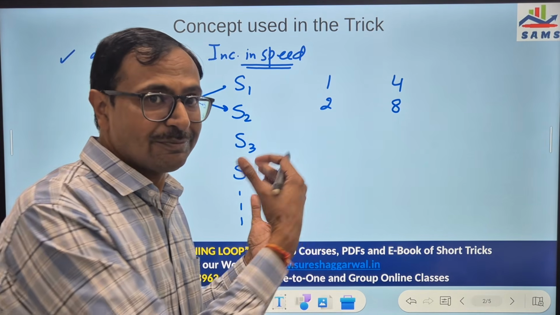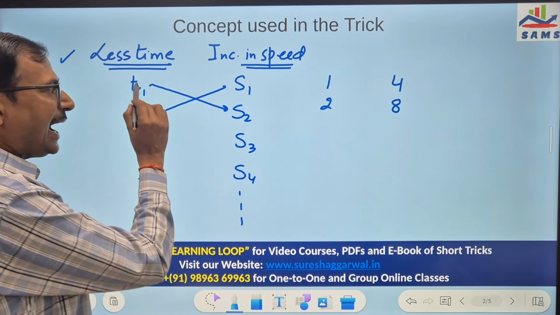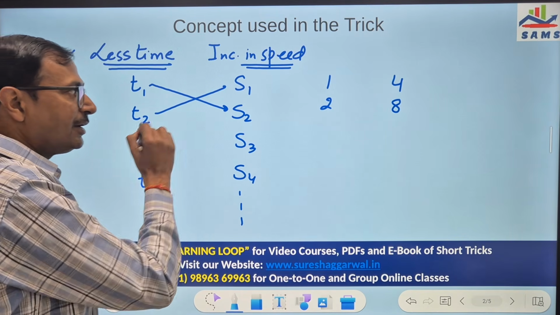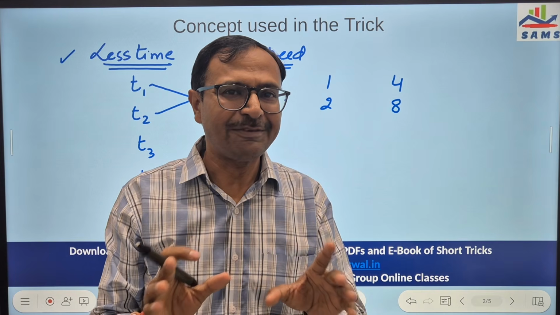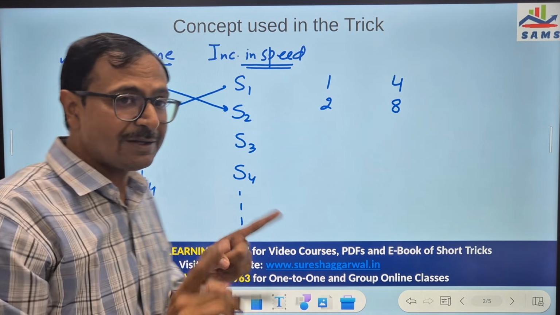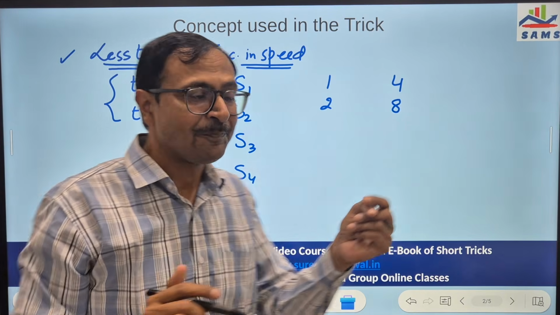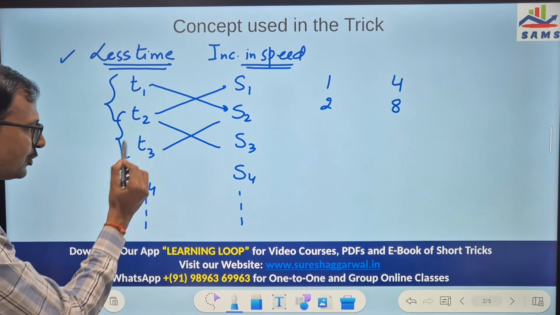Like if I show you the first question again, it was 300 kilometers. So at a place where the cross product becomes equal to the distance, there you have the answer. So maybe here the cross product is the same, but it is not equal to the distance given. So you will have to check like this, cross product like this, or you have to check like this.